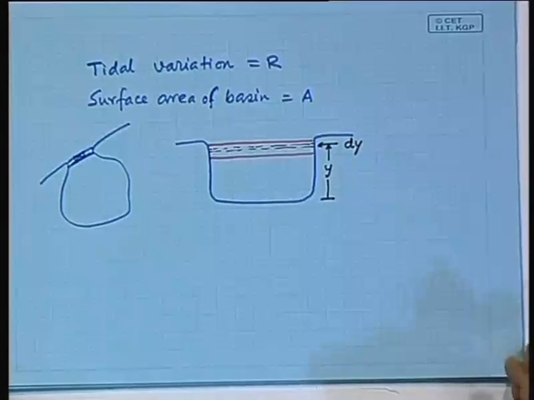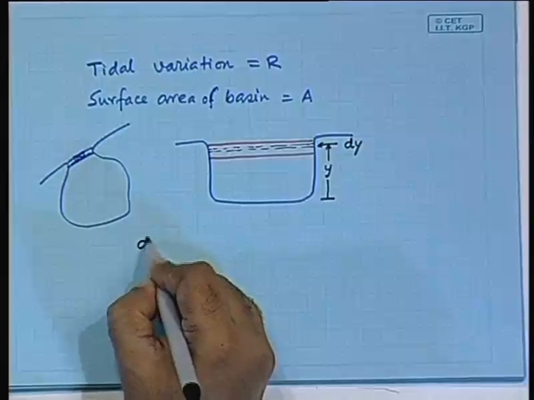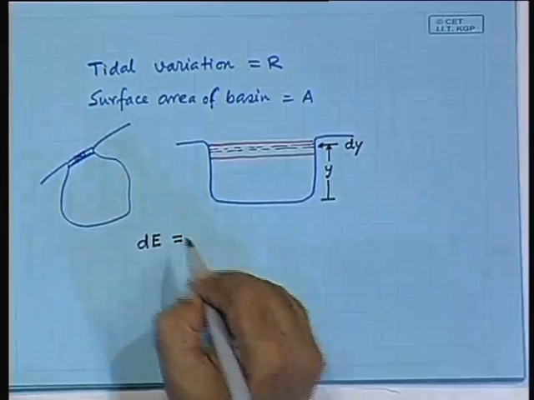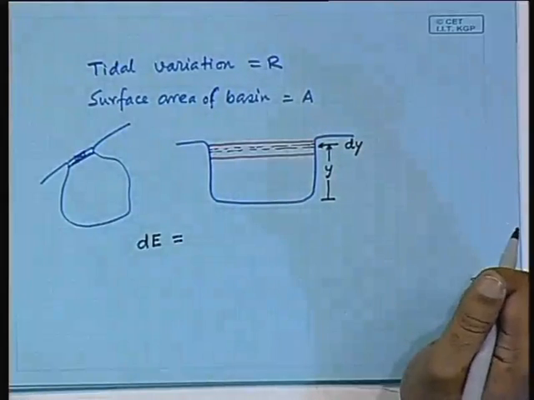So, then your energy dE, potential energy, is mgh, right.